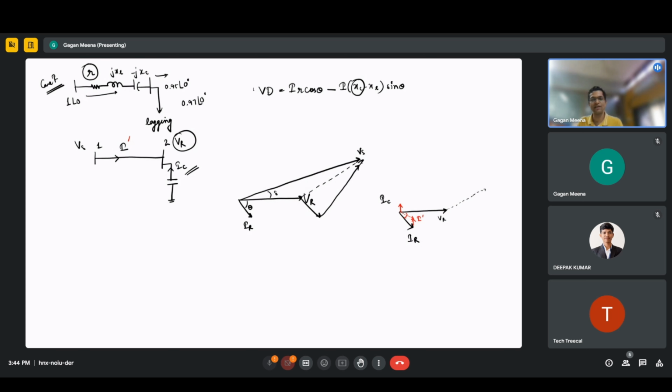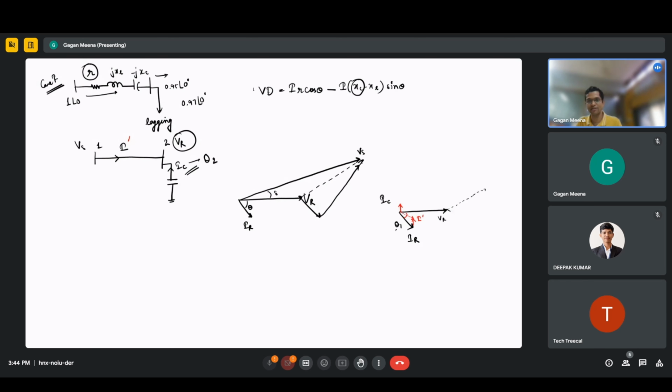So initially the angle was this theta 1, and with the capacitor it results in theta 2. So now the current is this.